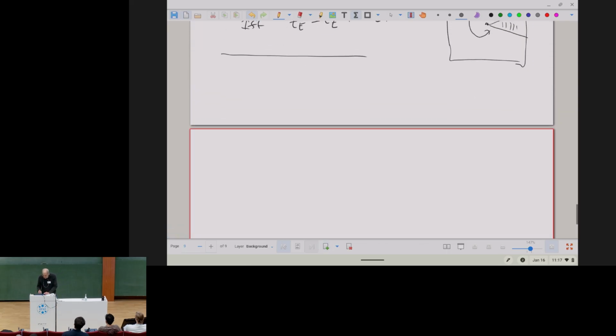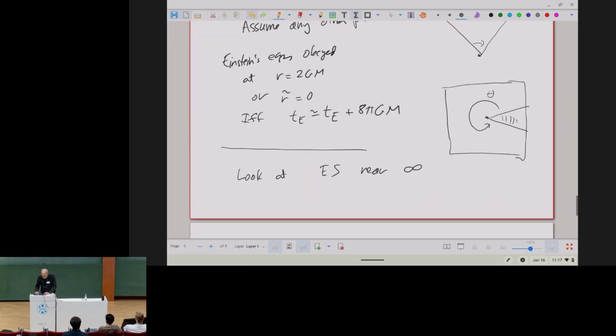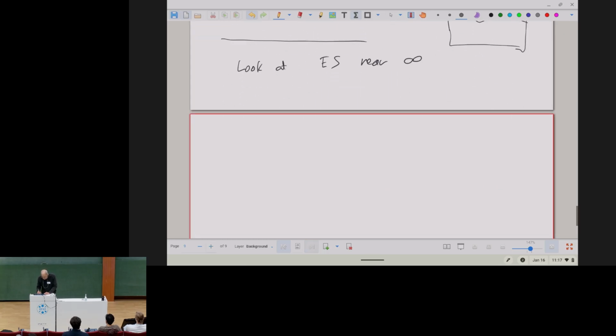Now, let's look at this metric near infinity. Near infinity means as r goes to infinity. So the coefficient of dt_E squared goes to 1, and the coefficient of dr squared goes to 1.